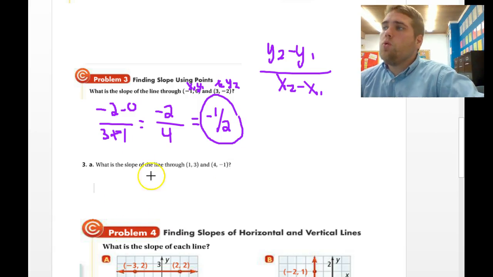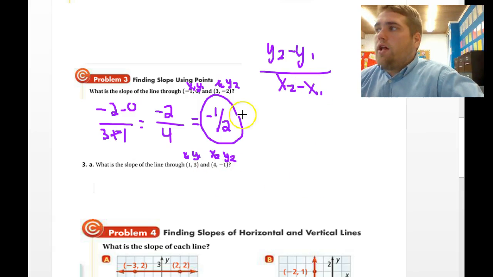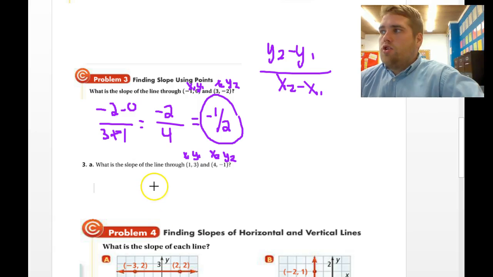Okay. Once again, same exact thing on 3. Okay. So we have x1, y1, x2, y2. Then I plug directly into my formula. Okay. So it's -1 minus 3 over 4 minus 1.